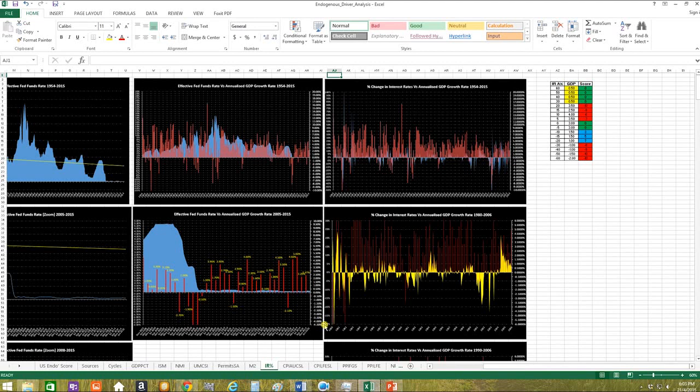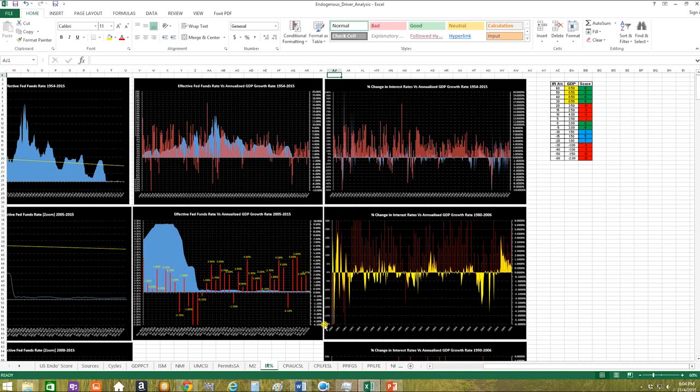And the opposite holds true, generally speaking, across history, across the data, for annualized GDP growth rates that are increasing at a high pace. So high levels of annual GDP growth rates are generally associated with high percentage change in interest rates in a positive way.